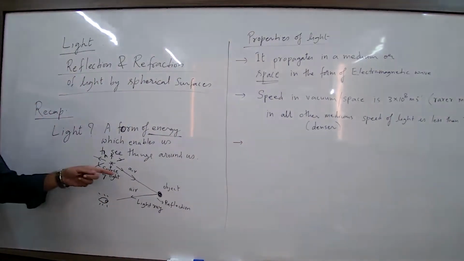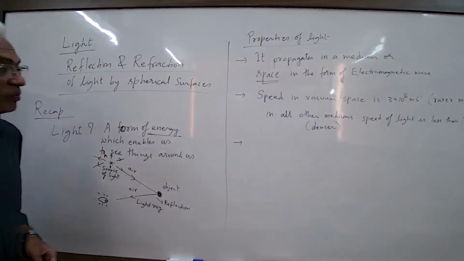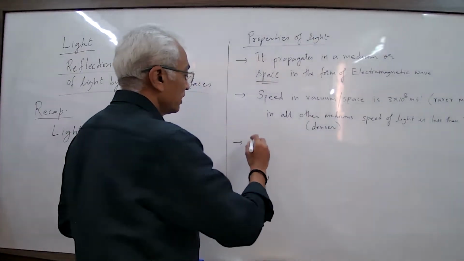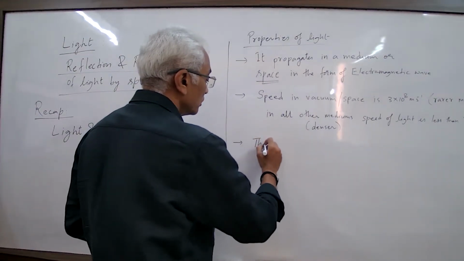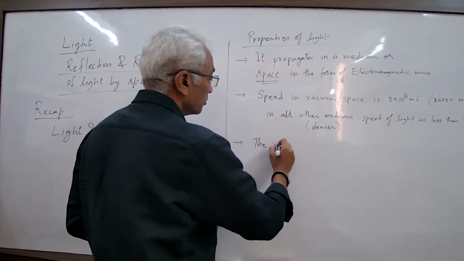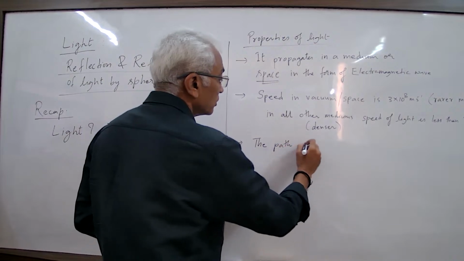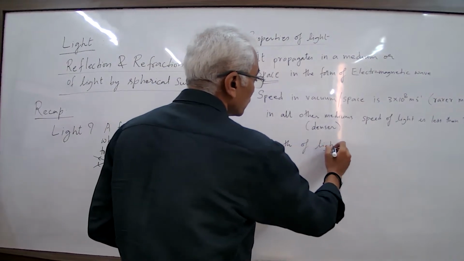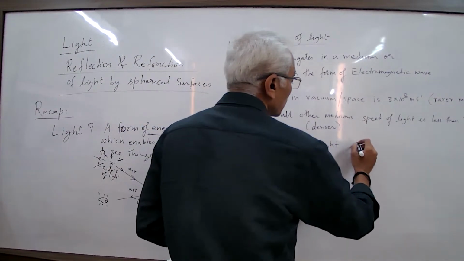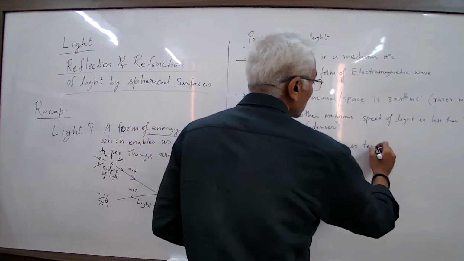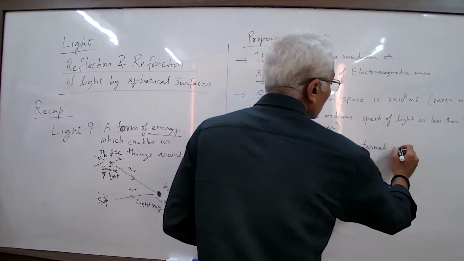Now you can see the path. The path of light is termed as a ray of light.